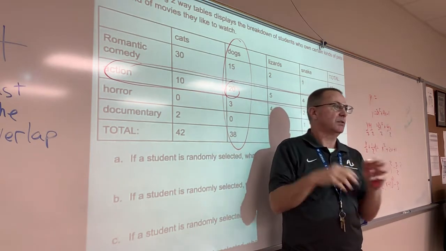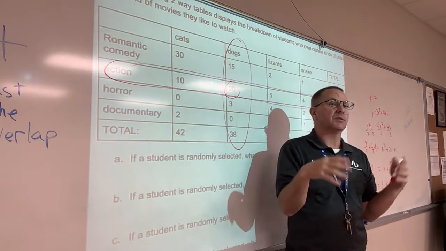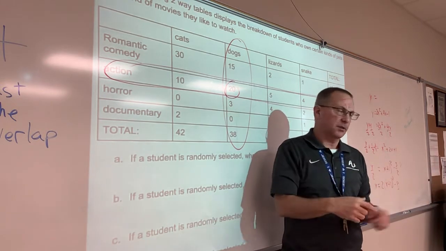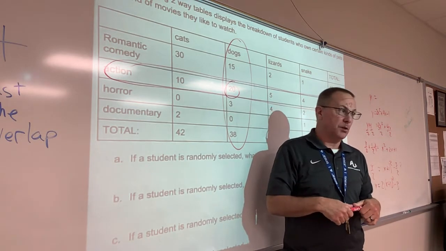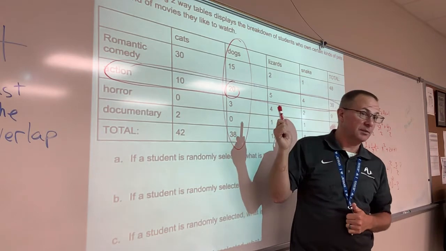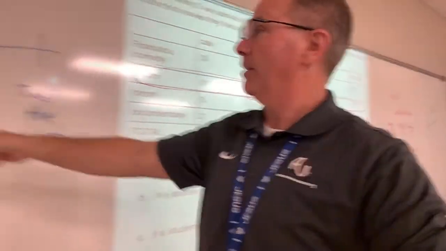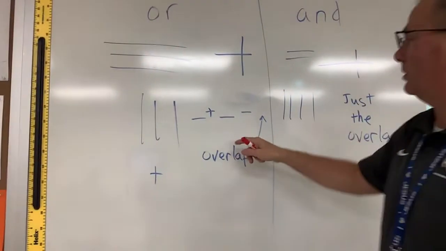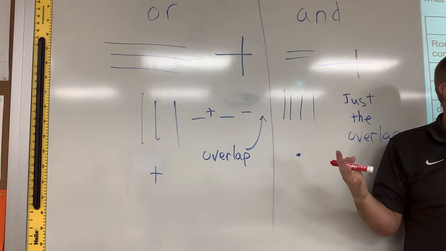And mutually exclusive is what we like. I'm saying that word because it's also in your homework, it's in all the stuff you're going to be reading about and being tested on. So if it's not mutually exclusive, that means it overlaps. Does that make sense? The problem is if you have something that's not mutually exclusive, you've got to subtract off the overlap part because you added it twice.